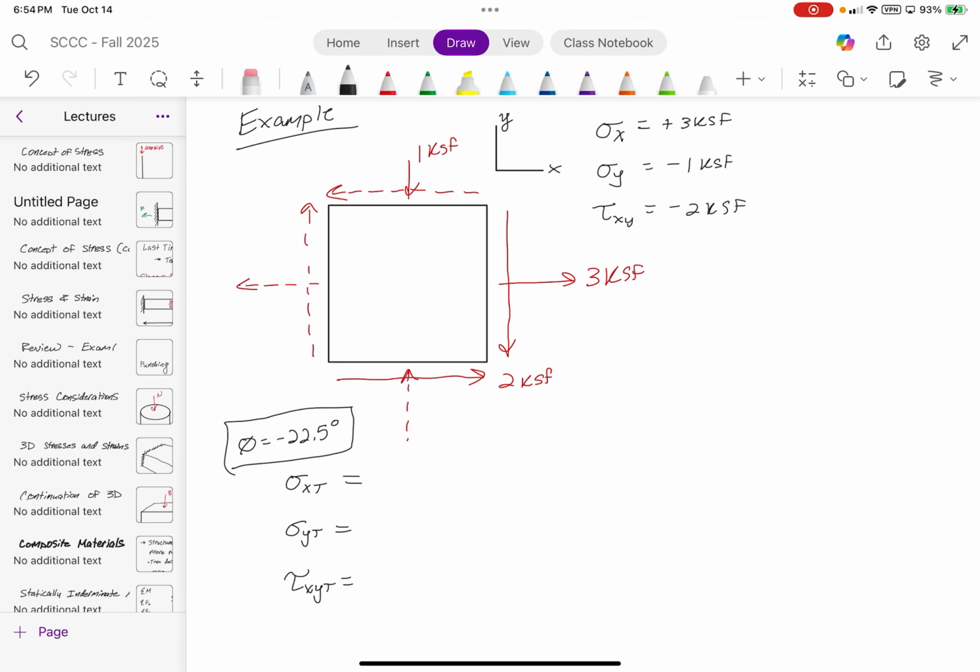So Christian, using the equations, 3.83 KSF, negative 1.83 KSF, and then 0 KSF. Doesn't mean these are correct, so I want everybody to do it. What was that, Joe? Are you throwing shade? No, you were throwing shade. I'm throwing shade. Yeah, that's fine.